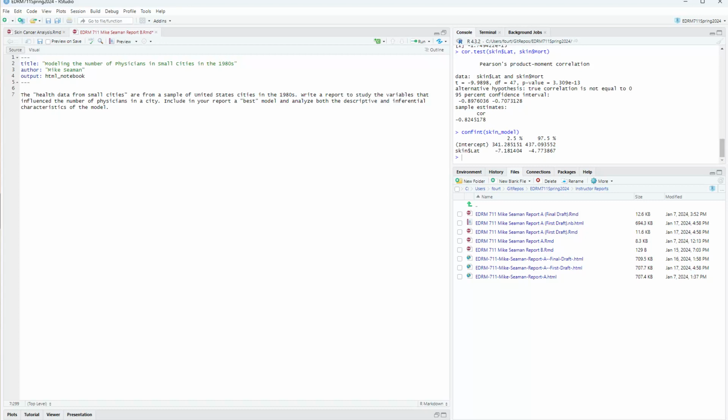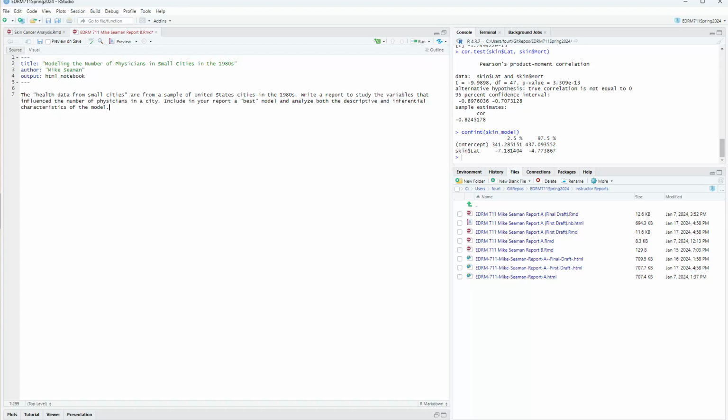So this researcher selected a sample, I don't know if it was done at random, but let's assume it was, of small cities. I don't know what the definition was of small cities. It was actually in the book that he published about this, and we could go back and look. But what I'm going to do is write a report to study the variables that influence the number of physicians in a city. That is, why did some small cities have more physicians than others?